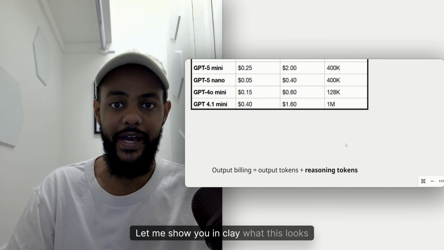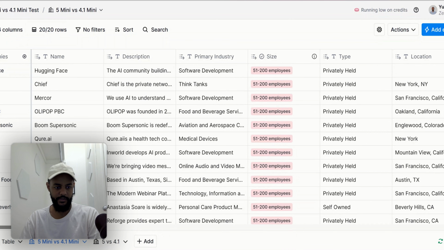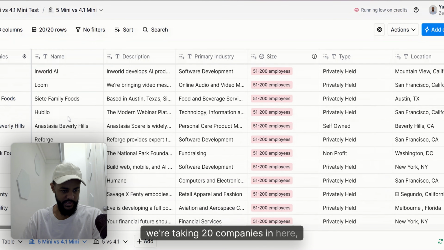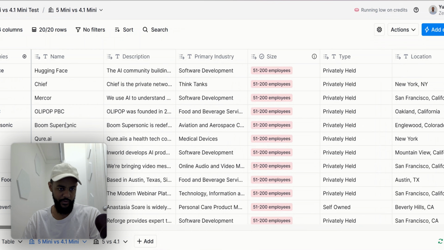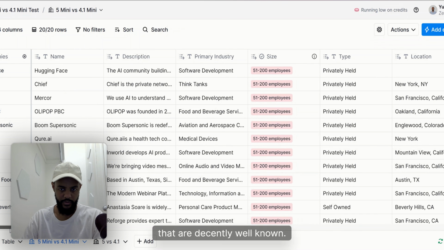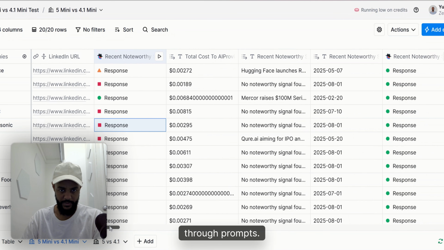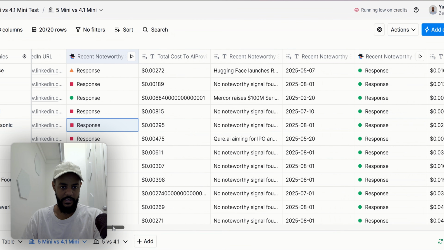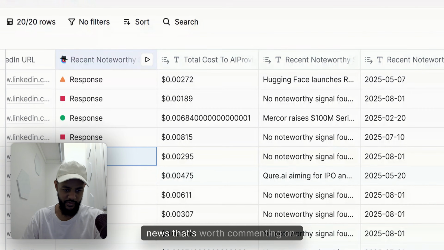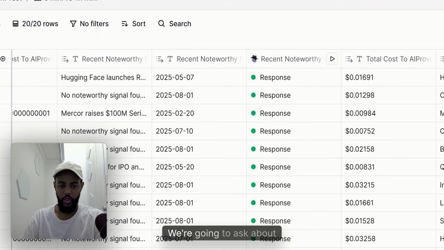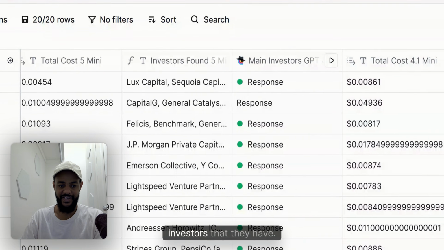Let me show you in Clay what this looks like. So this is the test. The way we're approaching this is we're taking 20 companies in here. There's Lumen here as an example, Mercury. There's some that are decently well known, and we're going to ask a series of questions through prompts. We're going to ask about recent news that's worth commenting on, about job hires, and about investors that they have.